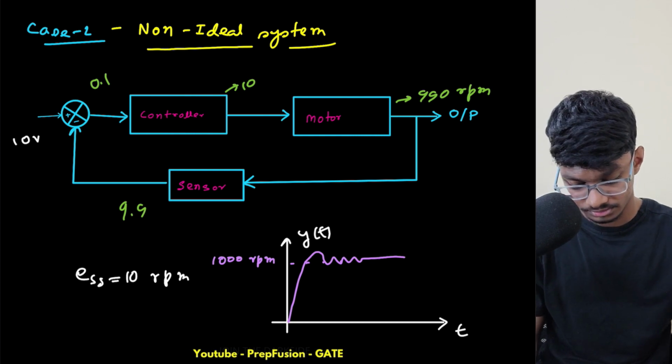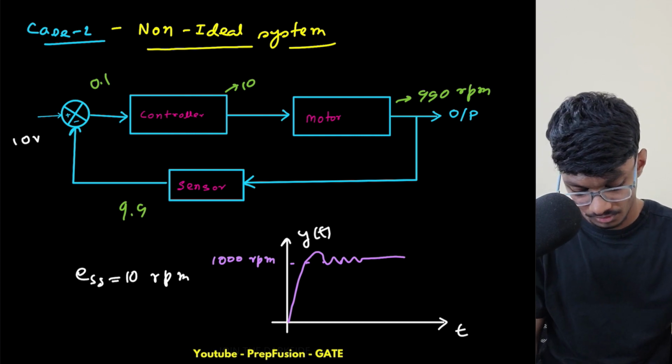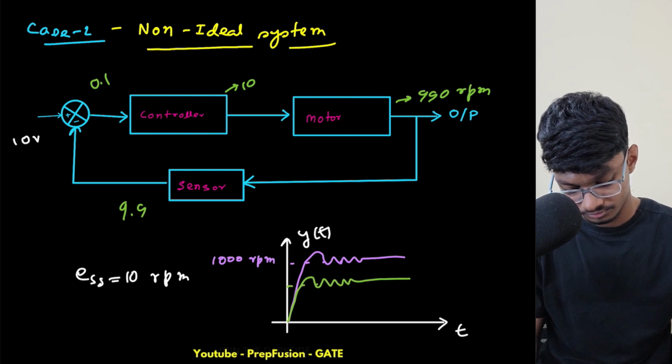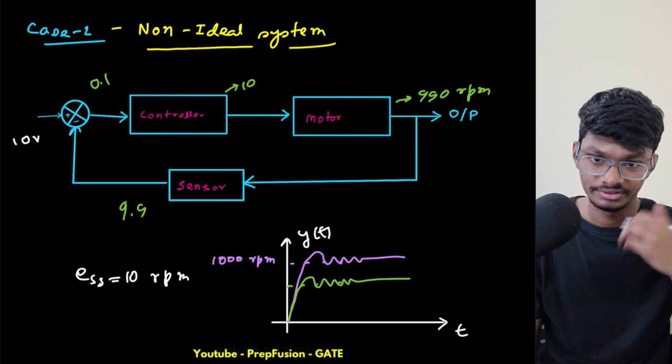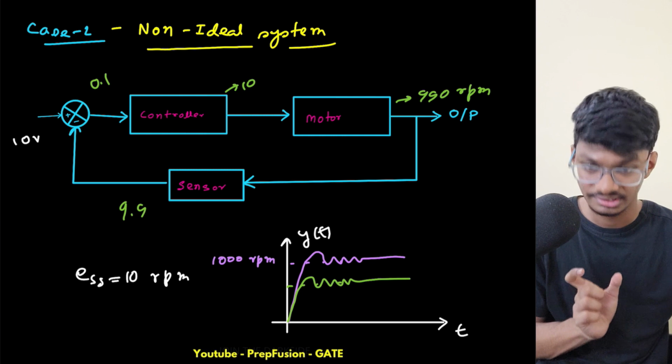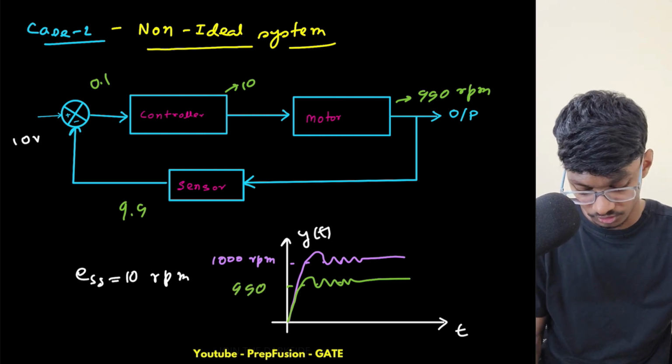And this is basically the actual output. I'm drawing it with exaggeration, obviously, it won't be this much down, but to explain and see clearly the difference, I'm drawing it. This is not to scale.